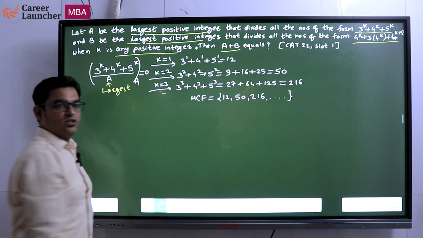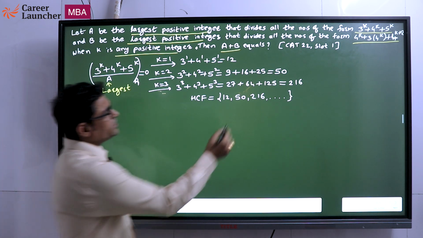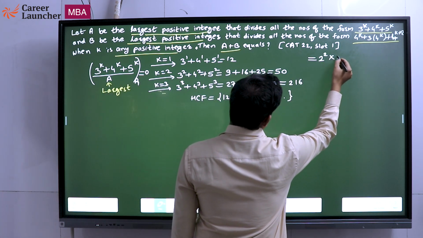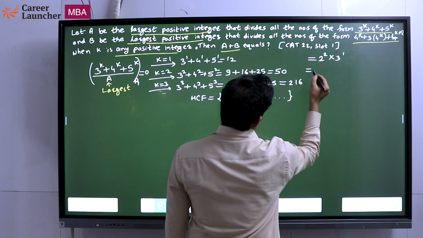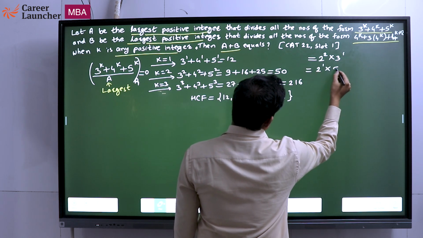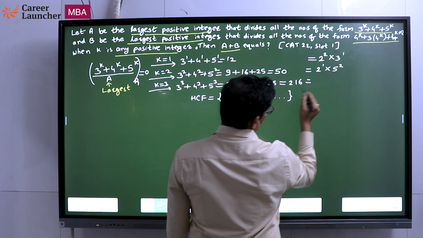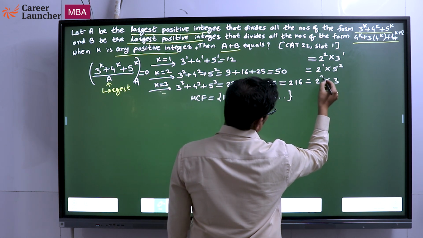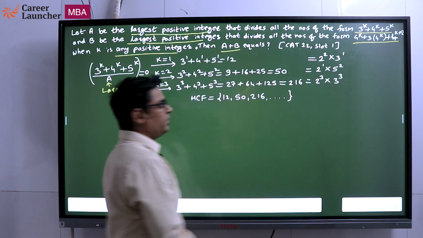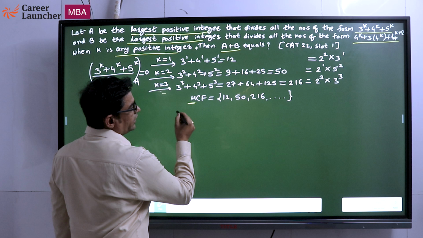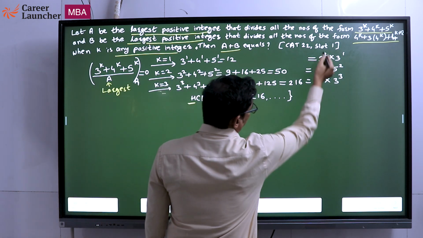Let's check it out for the first three numbers. What is 12? 12 is nothing but 2 square into 3. 50 is 2 into 5 square. 216 is 6 cube, that is 2 into 3 is 6, and it's cubed. When we want to find out HCF, what do we do? We take the least common power.